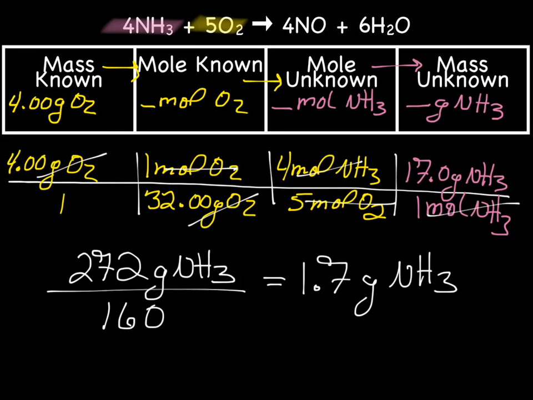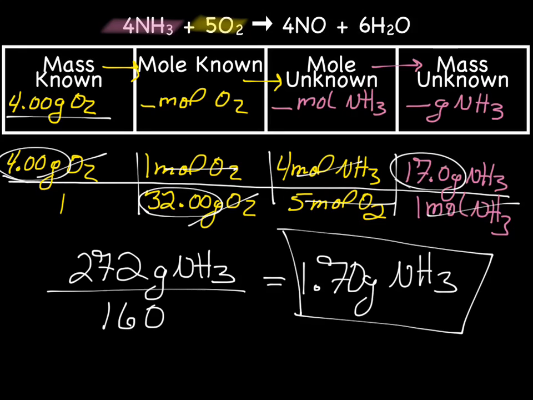When we look at sig figs, we have 3 and 4 and 3, so we'll have 3 sig figs. So we'll have 1.70 grams NH3. Okay, so when we used 4 grams of O2, we used up 1.7 grams NH3. That, however, is not our final answer because it wants to know how much excess we had.